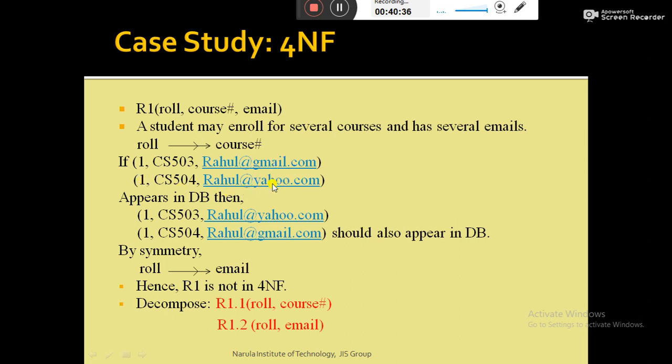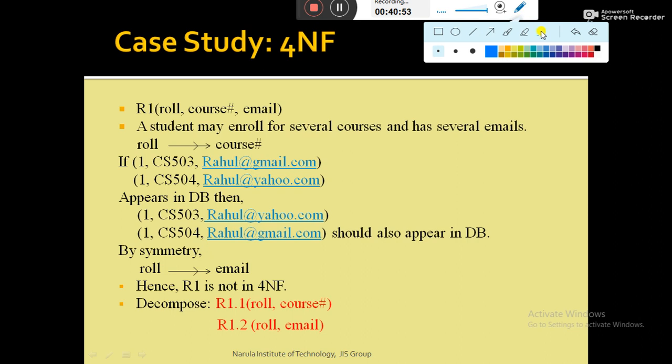Here it is Gmail, here it is yahoo.com. That means a particular student enrolled in multiple courses CS503 and CS504, and the same student has multiple mail IDs, gmail.com and yahoo.com.